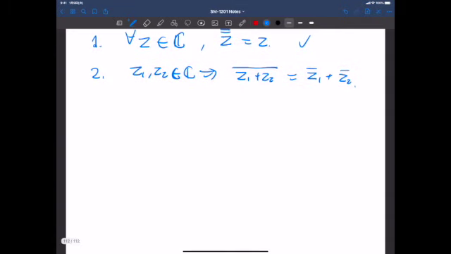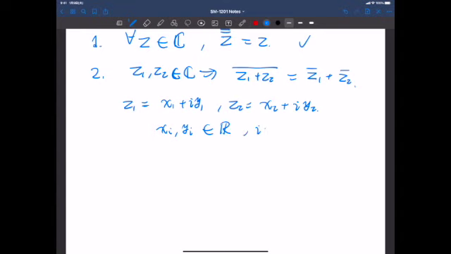Okay, so let's prove this. Suppose z1 is represented as x1 plus iy1 and z2 is x2 plus iy2, where xi, yi are real numbers and i is either 1 or 2. Then their sum is this. So we add the real parts and we add the imaginary parts, y1 and y2.